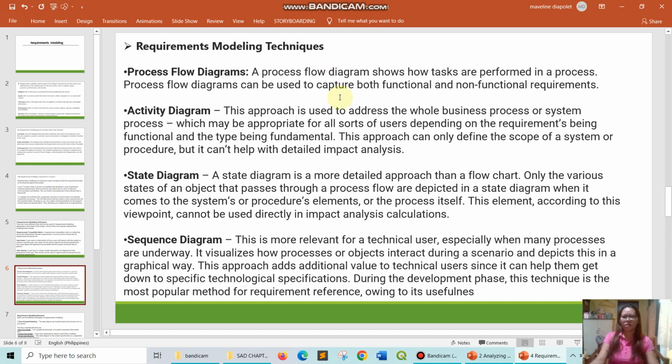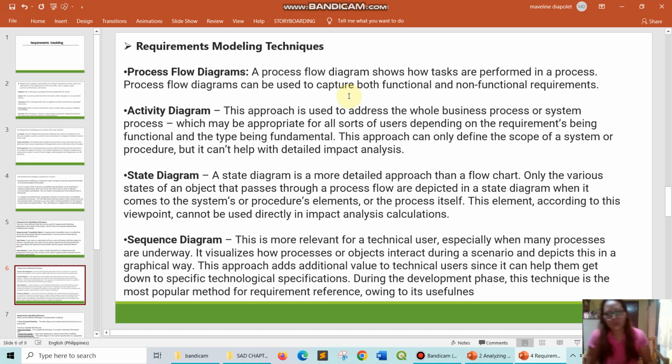Process flow diagrams, activity diagram, state diagram, sequence diagram. So sa process flow diagrams, a process flow diagram shows how tasks are performed in a process. Process flow diagrams can be used to capture both functional and non-functional requirements.